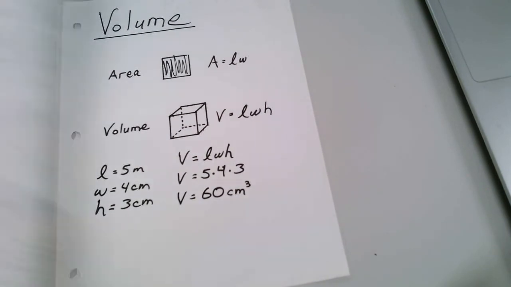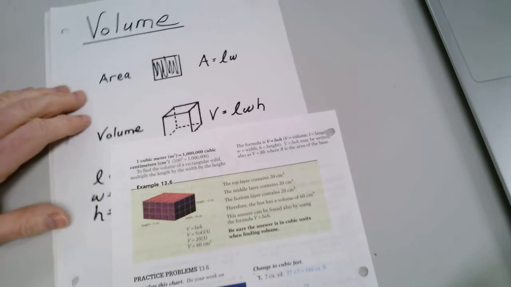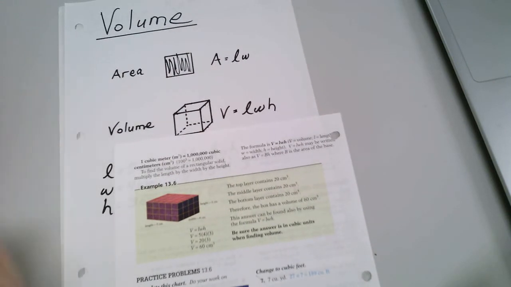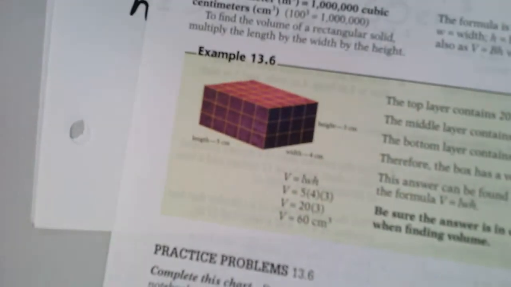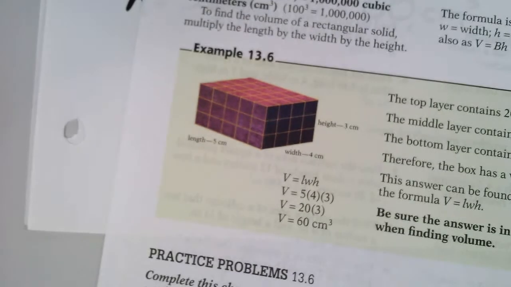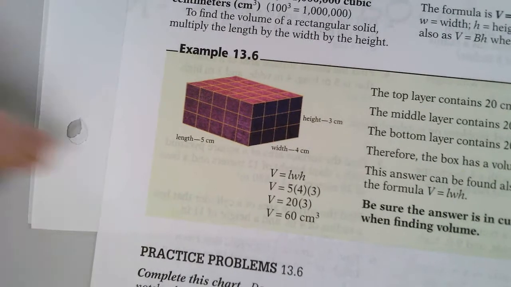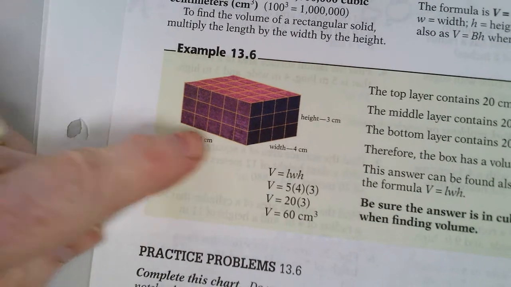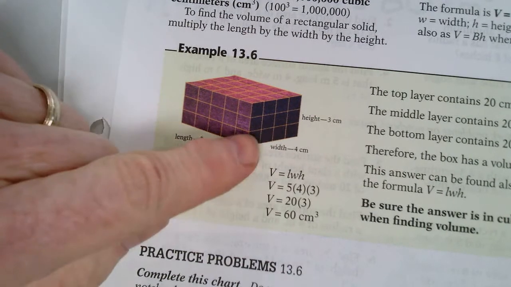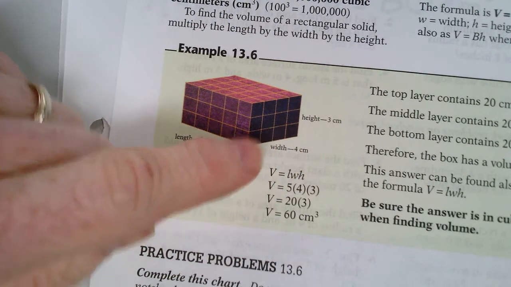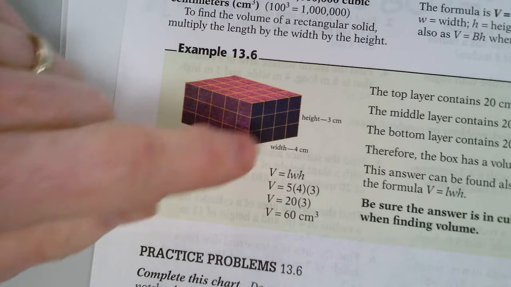Another way of looking at it as well is if you actually look at this example given here. Let's maybe zoom in a little more. You can actually see that every 5 they made a mark, every 4 for the width they made a mark, and every 3 for the height they made a mark.